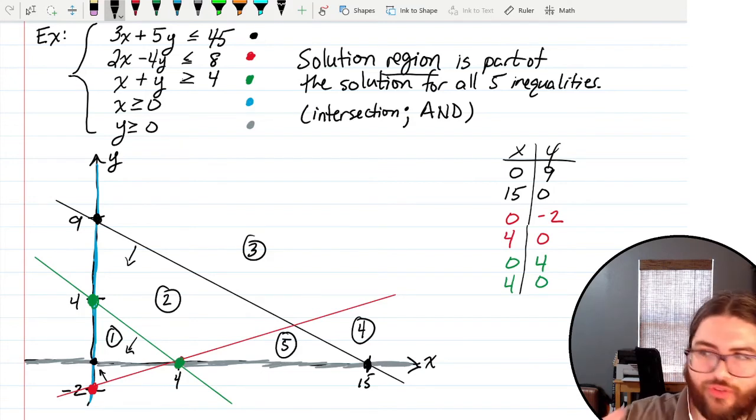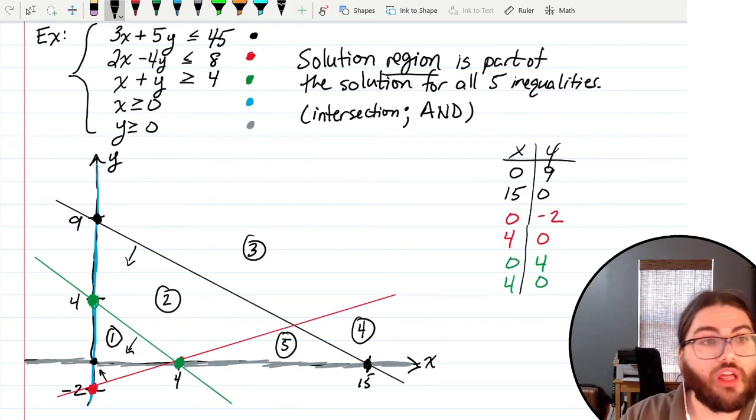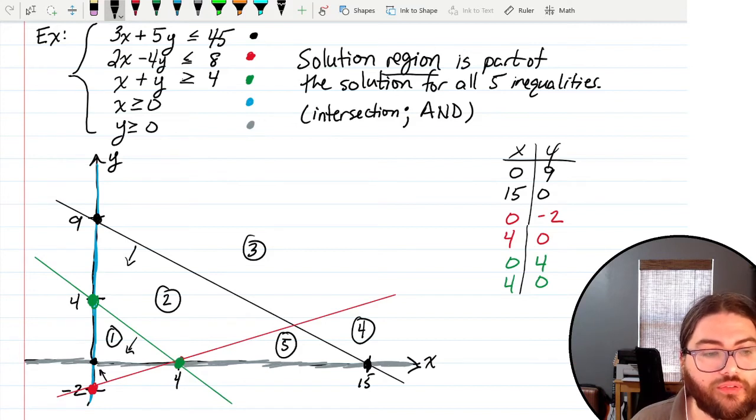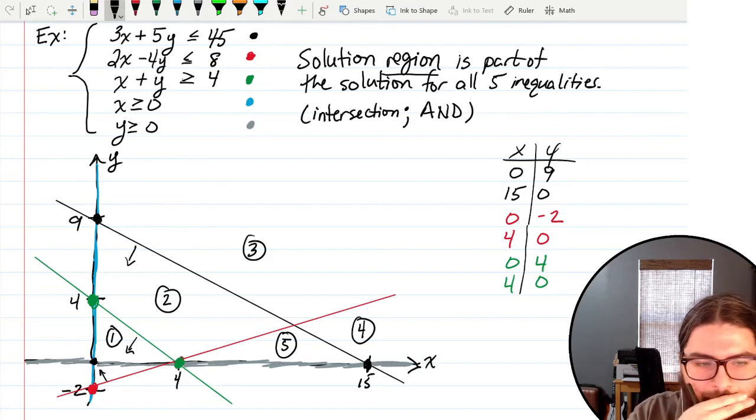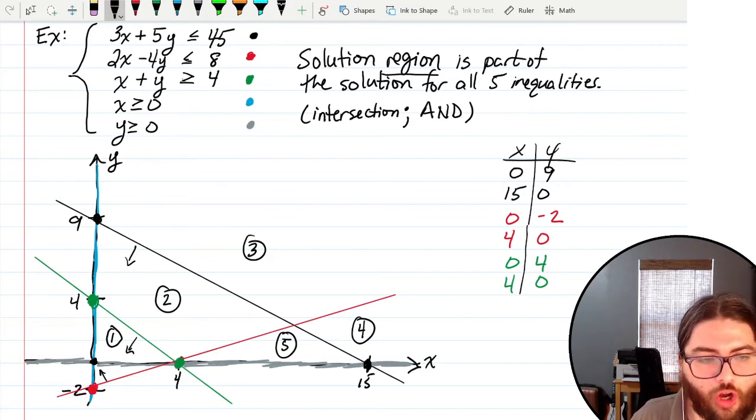Another way you could do this, if you don't like this graphical lines, origin, shadingness of it, is to plug in 0, 0 into all 5 of your inequalities. I would normally tell you you can't pick a point which is on any of the lines, but the origin is on the blue line and the gray line.